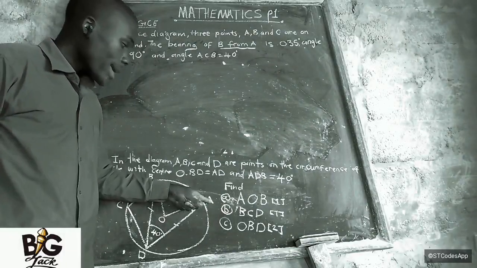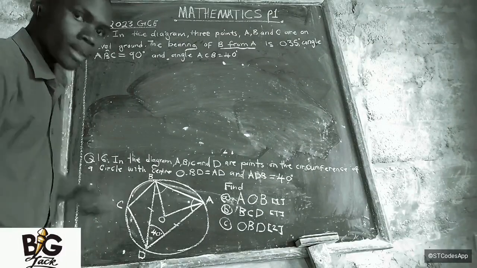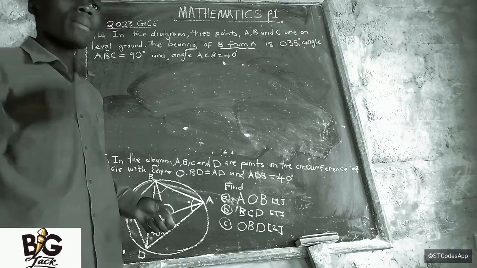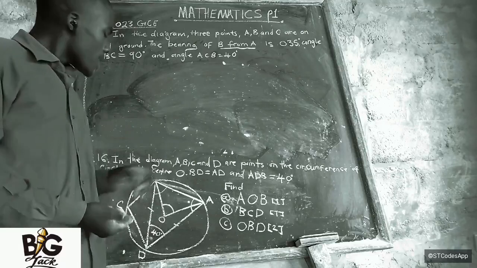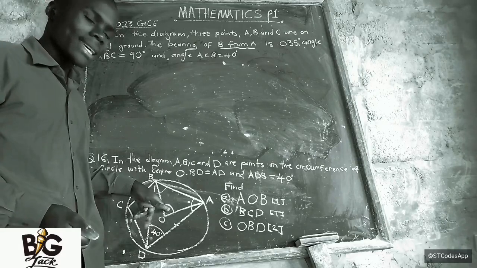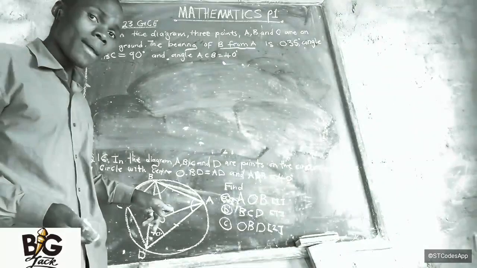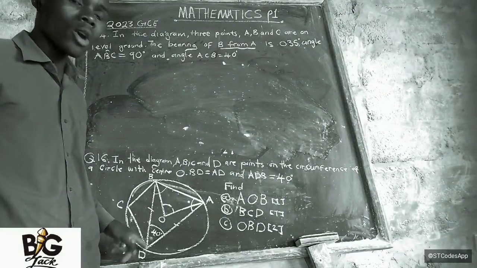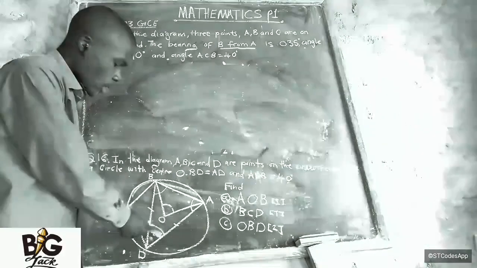So the first one is saying find AOB, which is this angle E. Now, if you apply theorem number 1, you are going to find that the angle at the center of the circle is twice the angle at the circumference of the circle, which means this angle here is twice of this one.